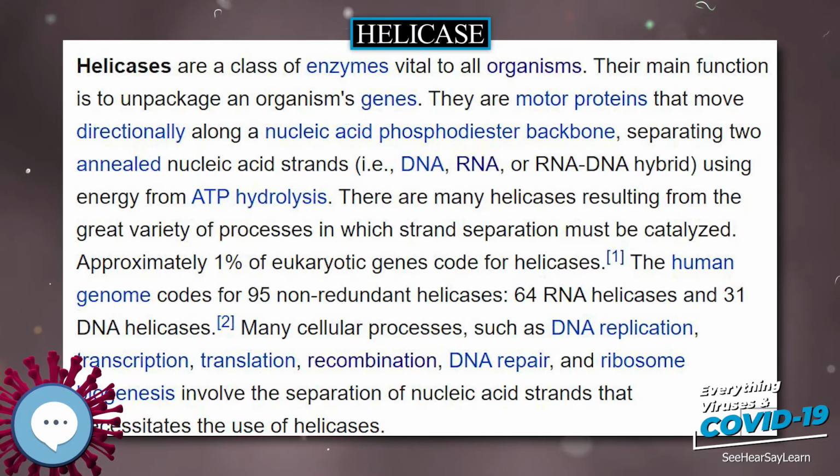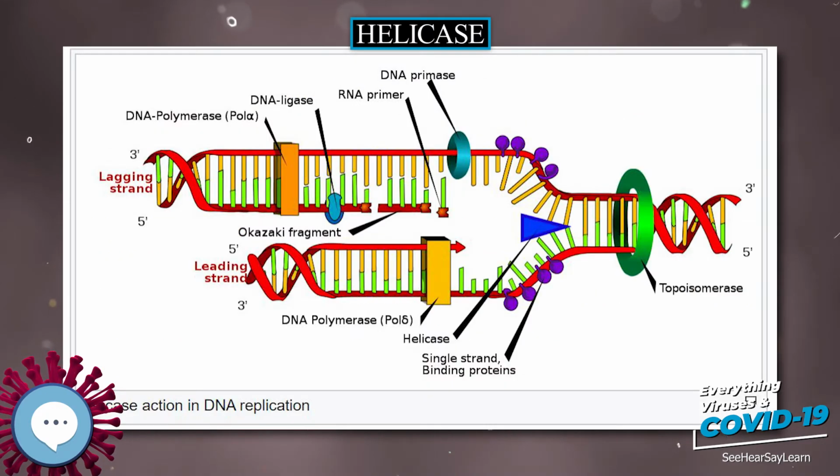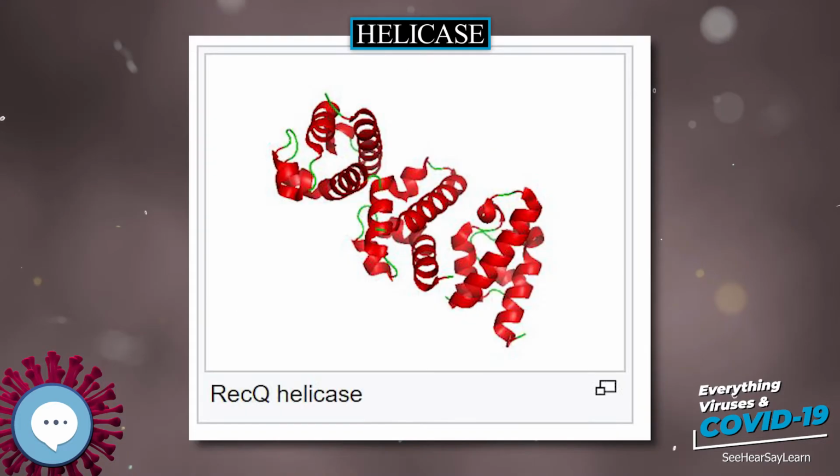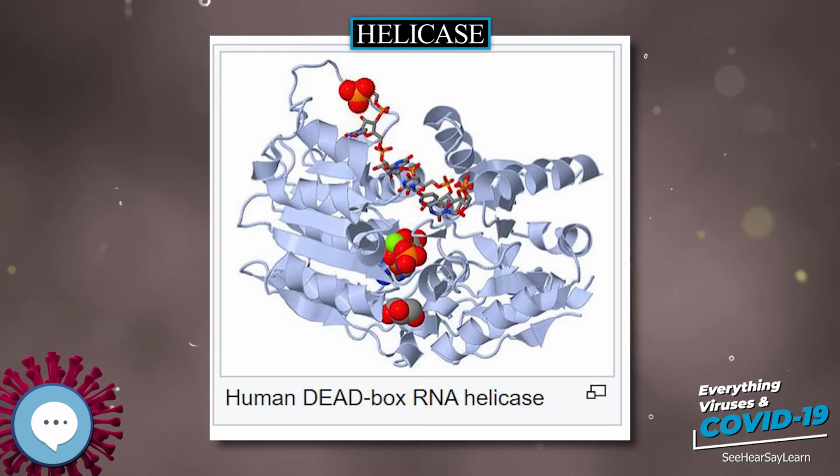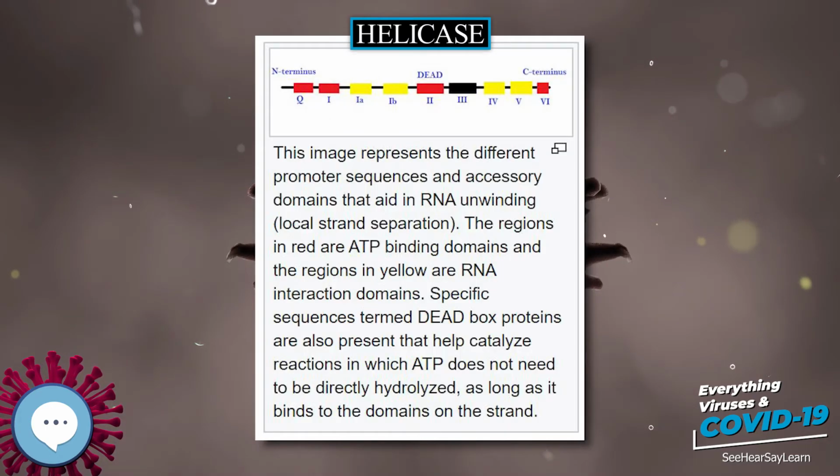Metabolic processes of RNA such as translation, transcription, ribosome biogenesis, RNA splicing, RNA transport, RNA editing, and RNA degradation are all facilitated by helicases. Helicases move incrementally along one nucleic acid strand of the duplex with a directionality and processivity specific to each particular enzyme.